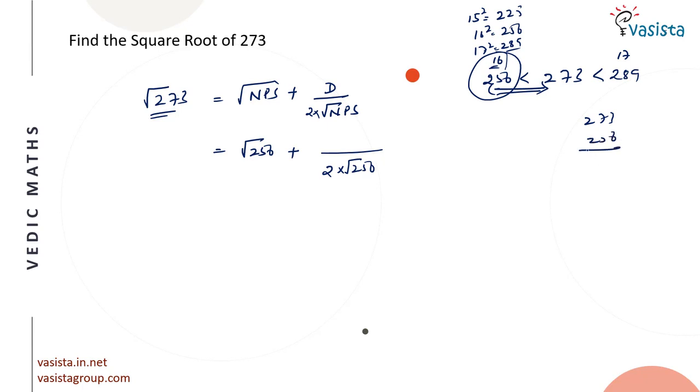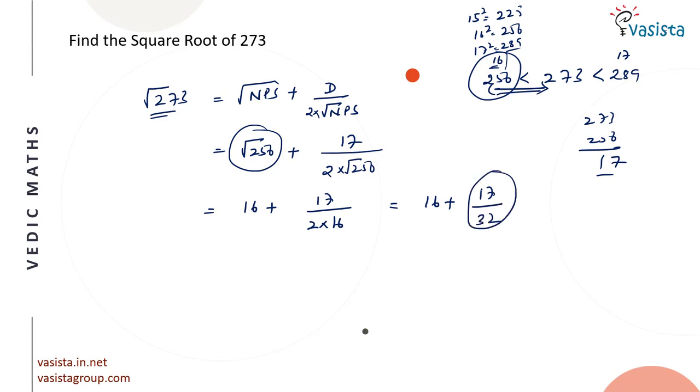It is going to be 17. This square root of 256 is going to be 16 plus 17 divided by 2 into 16, which is nothing but 16 plus 17 divided by 32. Now find this.